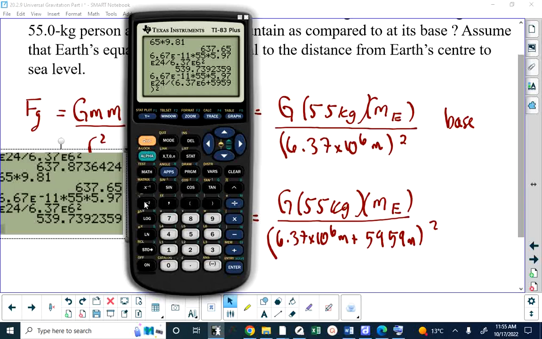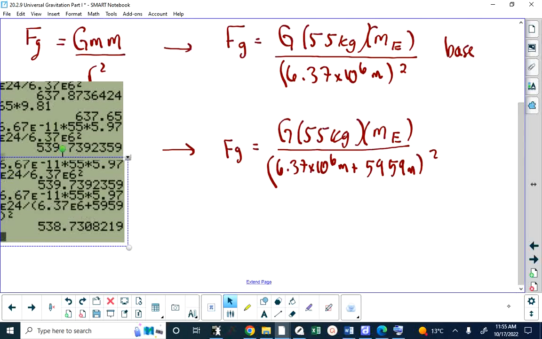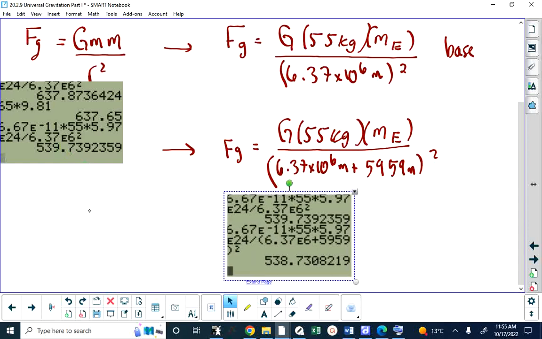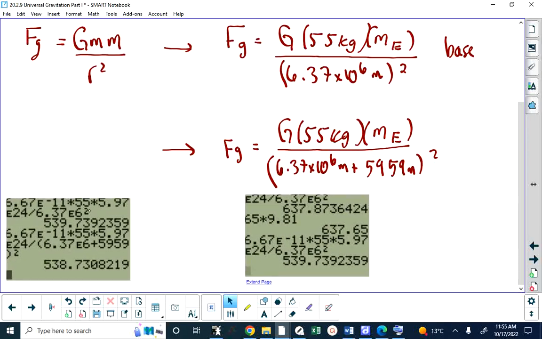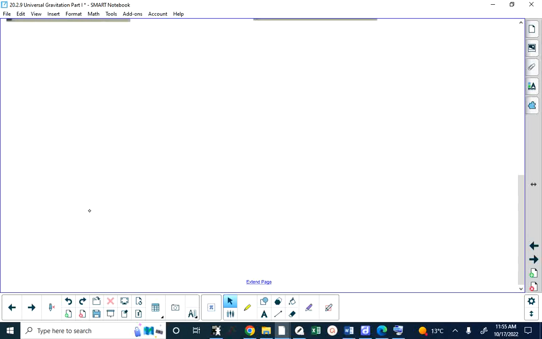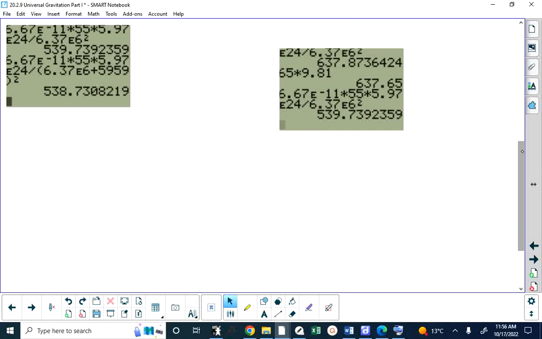Is that what is in the question? It doesn't matter the order I put these in. In fact, I'm going to go to a clean page here so you can't see which was which. This was at the top. Nope, this was at the base. This was at the top.